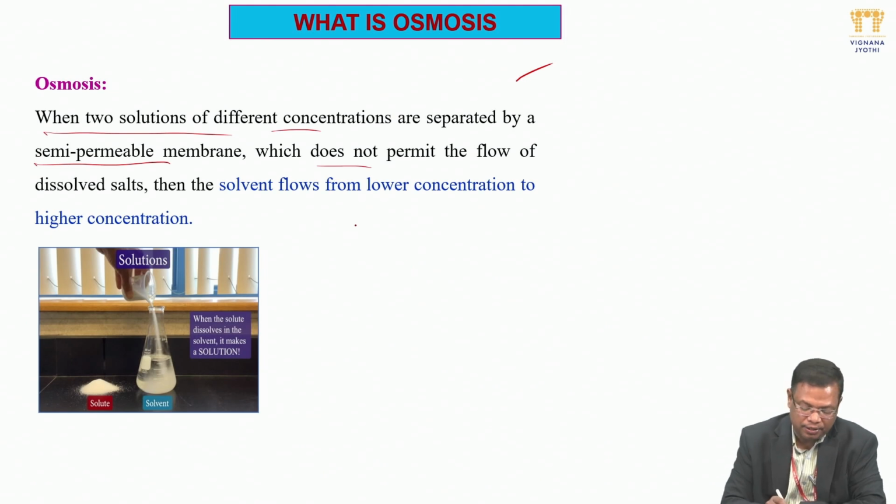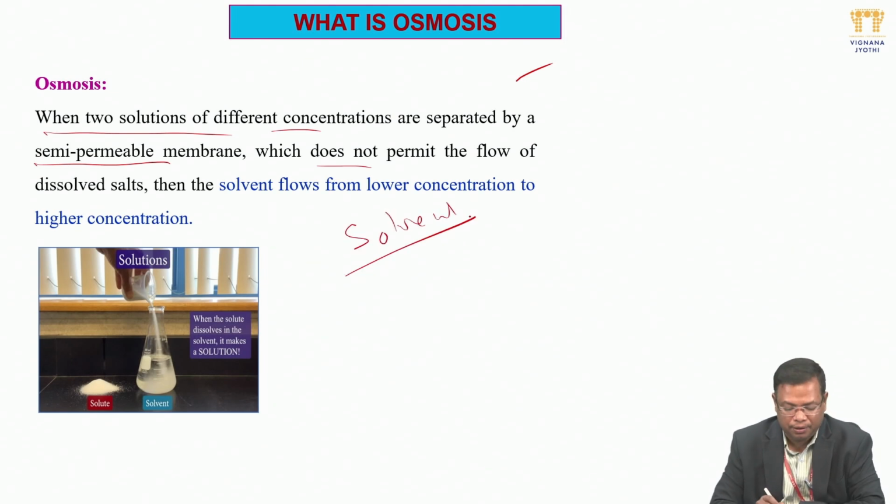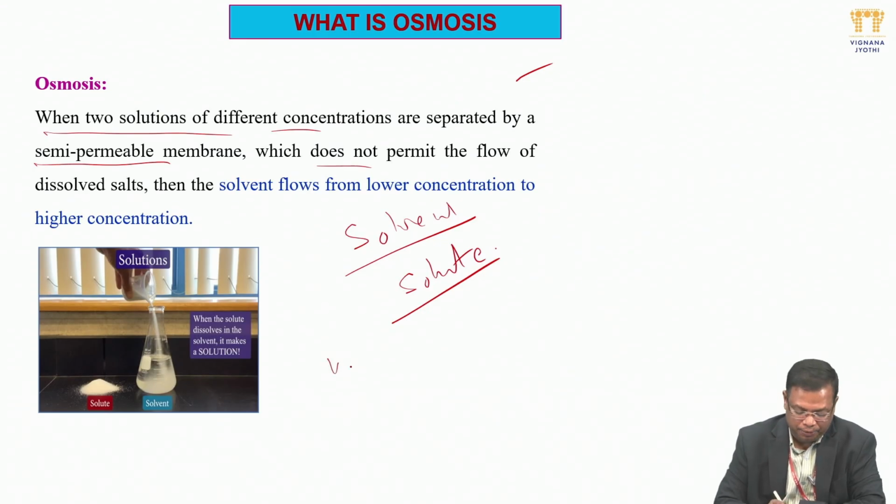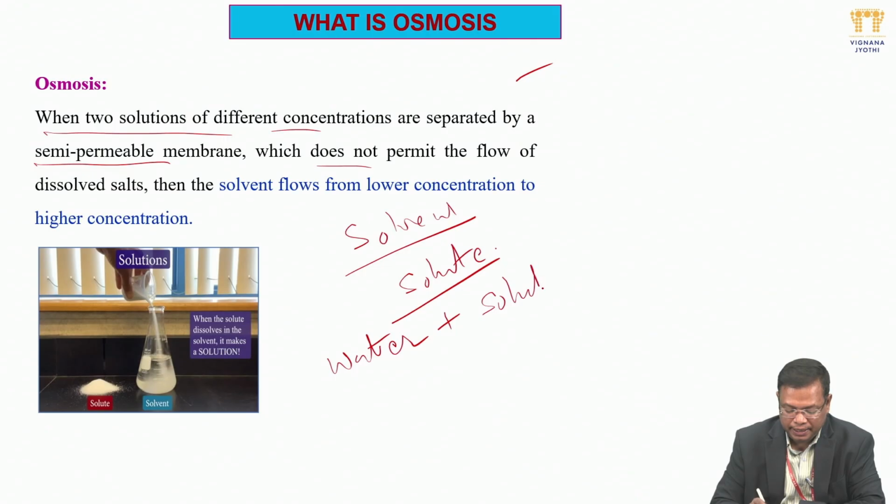Let us see what a solvent actually is. What is solvent, or what is solute? We have to know about the solute, solvent and solution. Pure water with solute particles like NaCl or sugar molecules is called a solution.